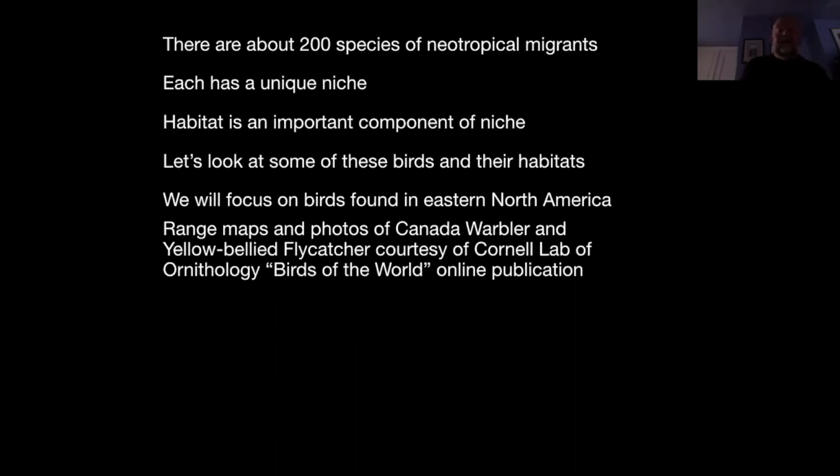And credit here, I received permission from Cornell Lab of Ornithology's Birds of the World, an incredible reference, to use their range maps and a couple of photos that I didn't have good shots of, Canada warbler and yellow-bellied flycatcher. So that's courtesy of the Cornell Lab of Ornithology's Birds of the World online resource.